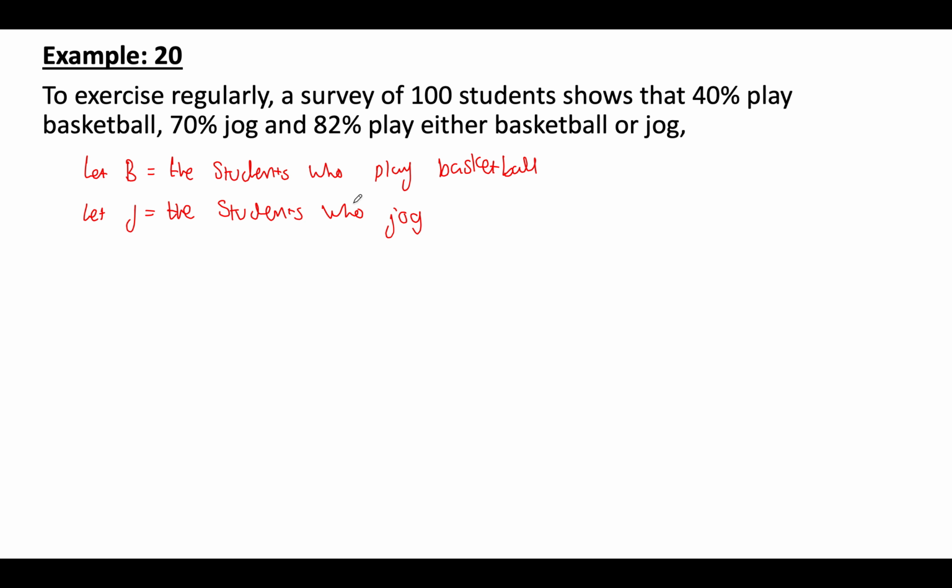From here, we can see that the probability of the students who are playing basketball is equal to 40%, which is equal to 40 over 100, and this is 0.4.